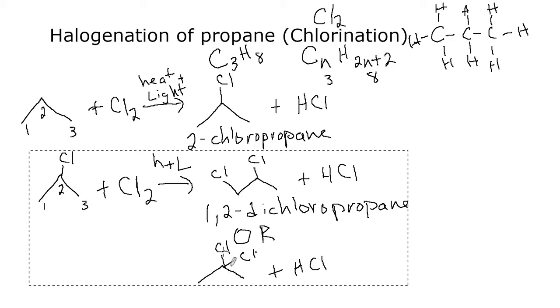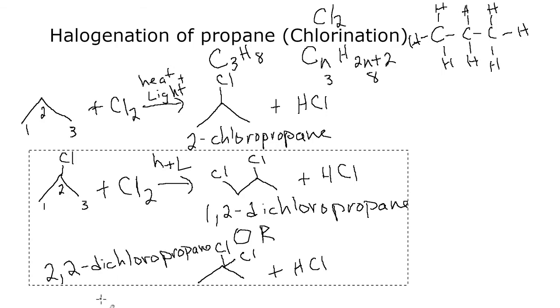And so the name of this molecule would be 2,2-dichloropropane. Okay. Sorry that got a little crowded there. So that's the halogenation of propane, and the reaction is drawn using the bond line notation.